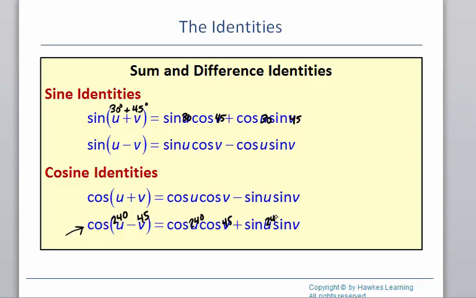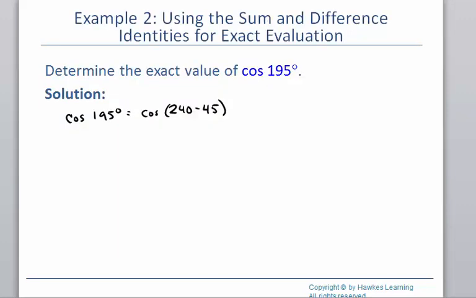And again, 240 for the first sine and 45 for the second sine. And so let's go and we'll write this down. So we have cosine 240, cosine 45. Remember, the sign in the middle was a plus. Sine 240, sine 45.